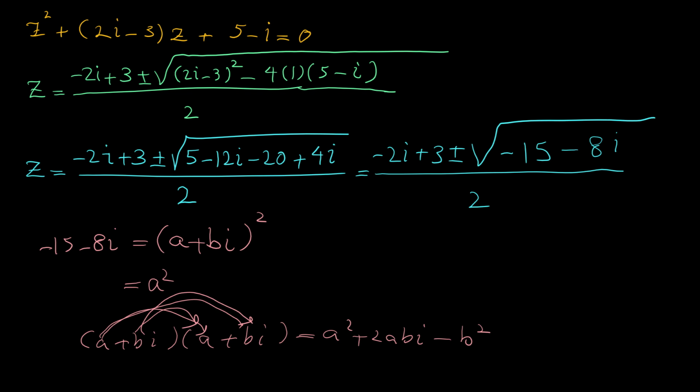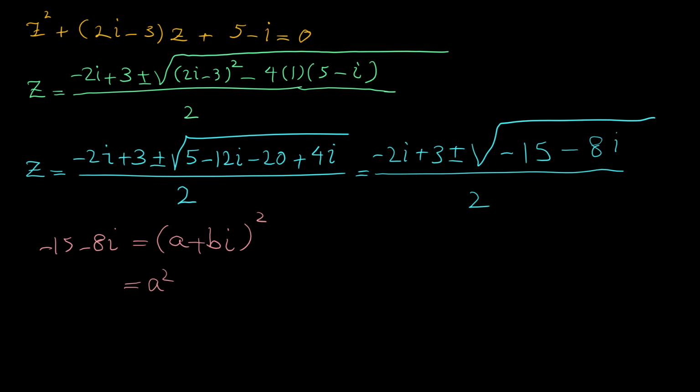So if we raise this bracket to the power of 2, we have a squared minus b squared plus 2abi. And on the other side we have negative 15 minus 8i.